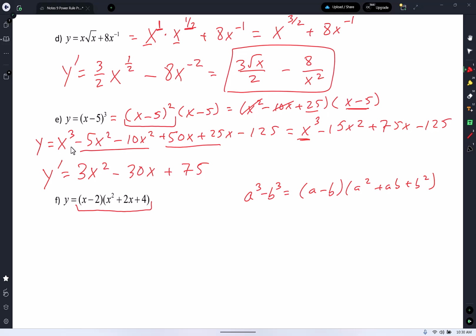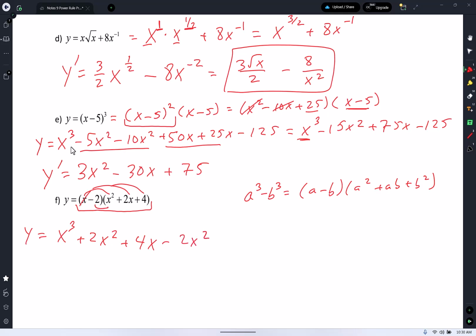You would get x cubed minus 8. But if you don't recognize it, here we go. Take that x, multiply it by everything in that trinomial. So here we go. Y equals x cubed plus 2x squared plus 4x. Done with that x. I'm going to the negative 2.